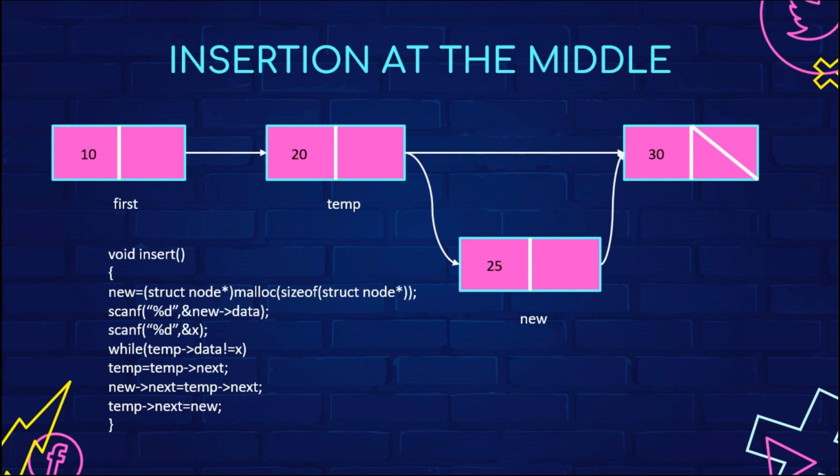So before doing this, we first have to establish a connection between the new node and the node with data 30. So we do new of next is equal to temp of next. This establishes the right connection. Then after that we update the next part of the temporary variable as new, and so the connection will be established. Thus 25, the new node, will be inserted in the middle after 20.